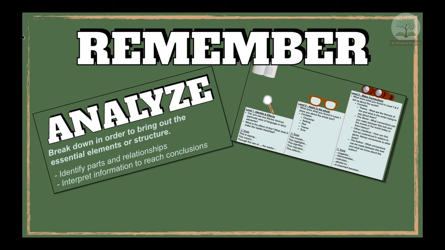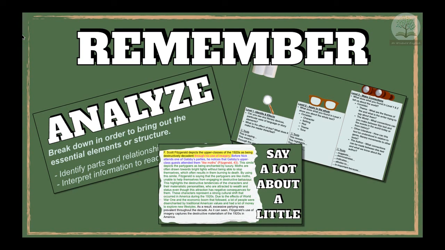We identify things and their effects, we apply them to the whole text, and then we make connections, maybe to the theme, the world, other literature, or the author. And finally, we say a lot about a little. In the end, it's not the author's words that are being graded in our papers, it's ours.